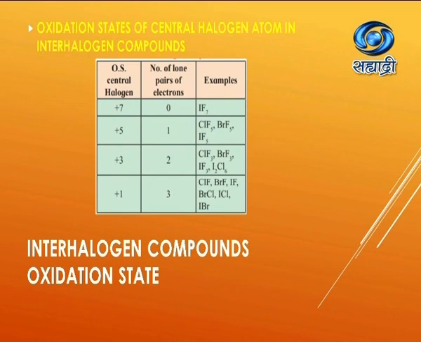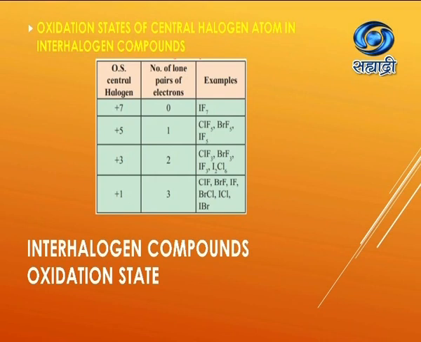Likewise, XX'n is the halide of X, where X is the halogen atom having larger size, more electropositive, and X' is the halogen having smaller atomic size and more electronegative.